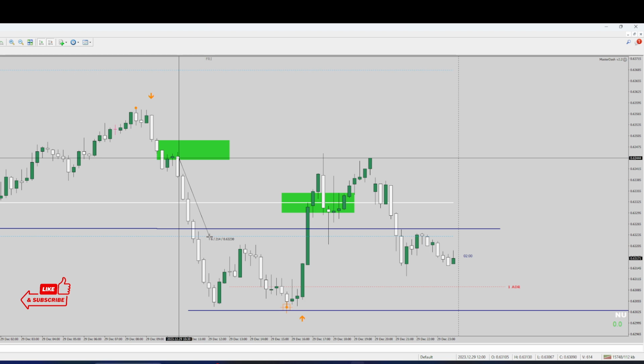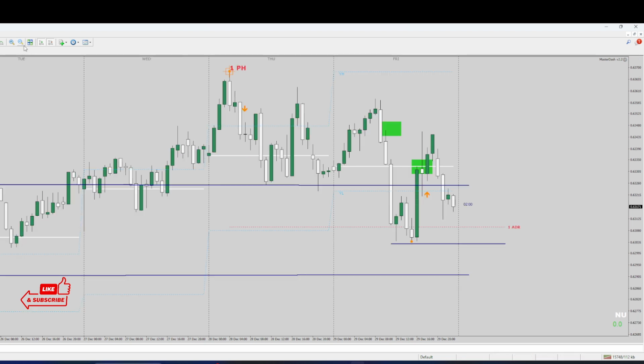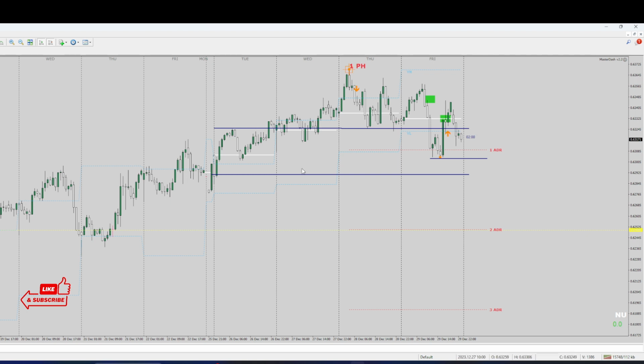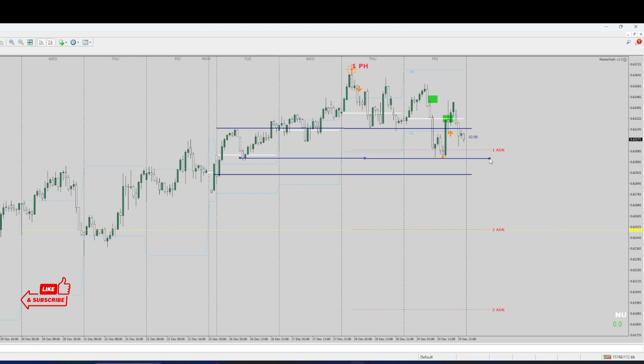This is only about 20 pips, but this is NU, so it's not like it's a big pip giver. And I want you to notice this was the low, but price did end up getting support on this particular area here, which leaves that gap. So let's not forget about that.